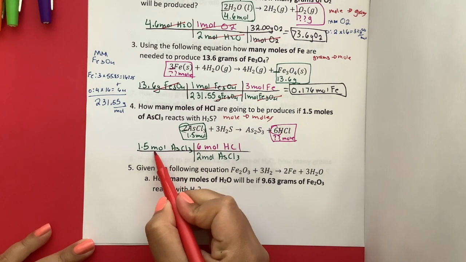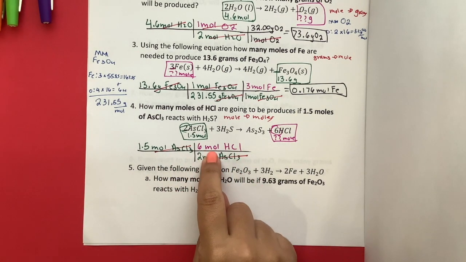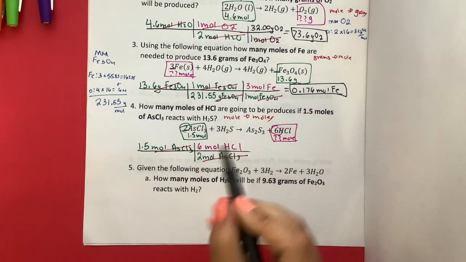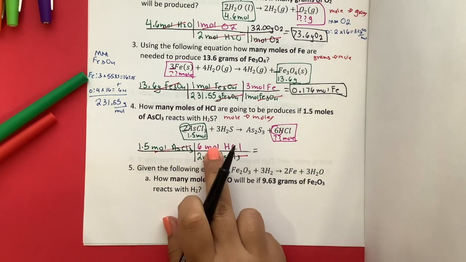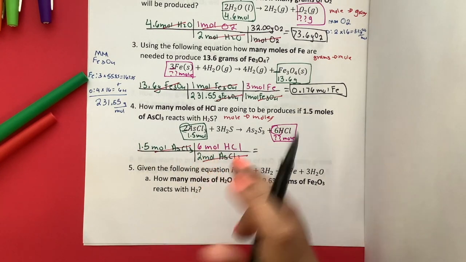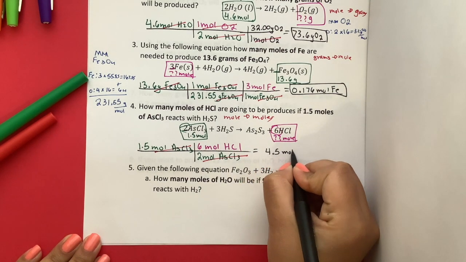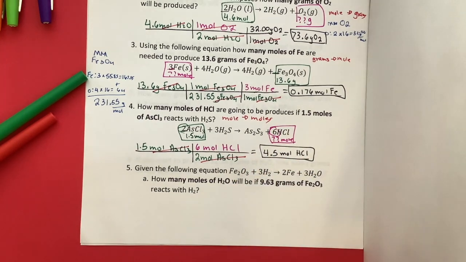Here the moles of AsCl3 cancel out, leaving the only unit uncrossed, moles of HCl, which is what the question is asking us for. So we're going to do 1.5 times 6 divided by 2, and that gives us 4.5 moles of HCl. And that's my final answer.